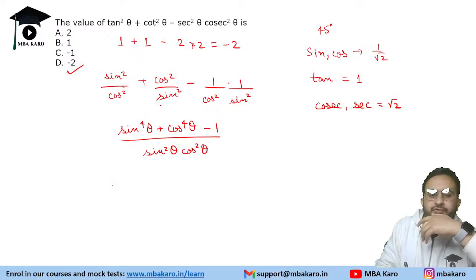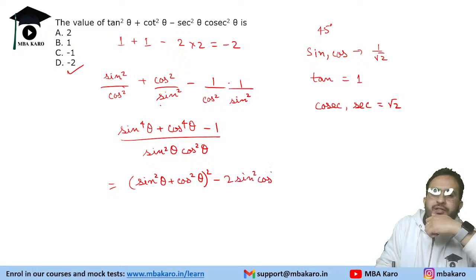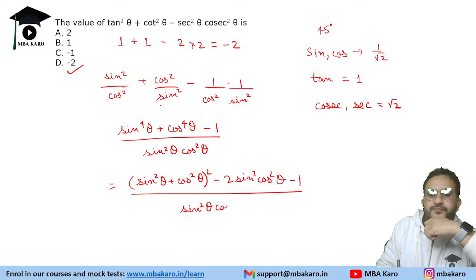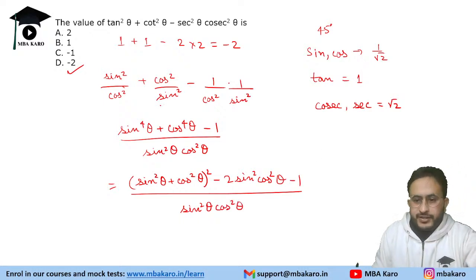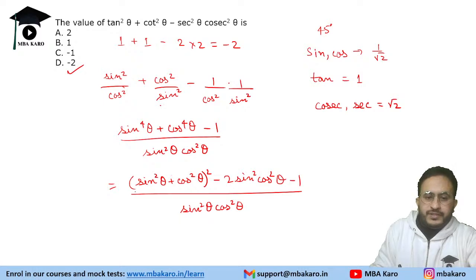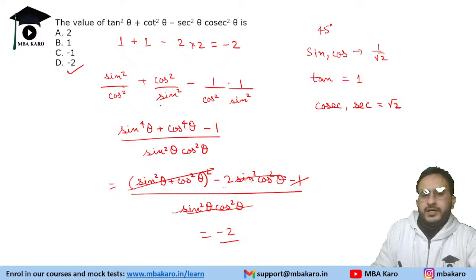Okay, and if you were in class 11, they would teach you like this: sin square theta plus cos square theta whole square, minus 2 sin square theta cos square theta, minus 1 upon sin square theta cos square theta. This is how we had to do in school, right? So this is 1. 1 minus 1 will cancel out. So minus 2 sin square theta cos square theta. Cancel this, you will get minus 2 as the answer.